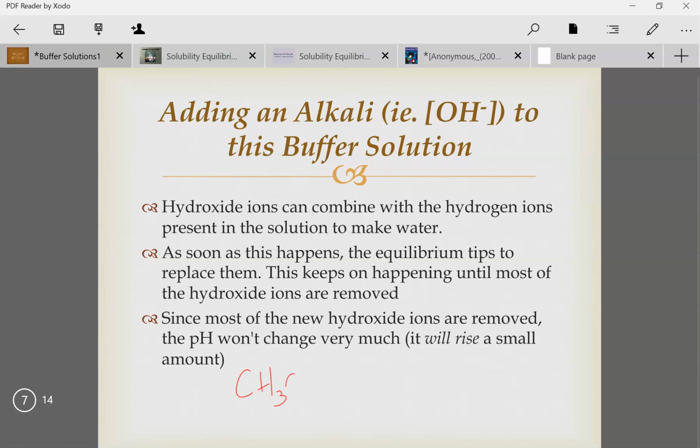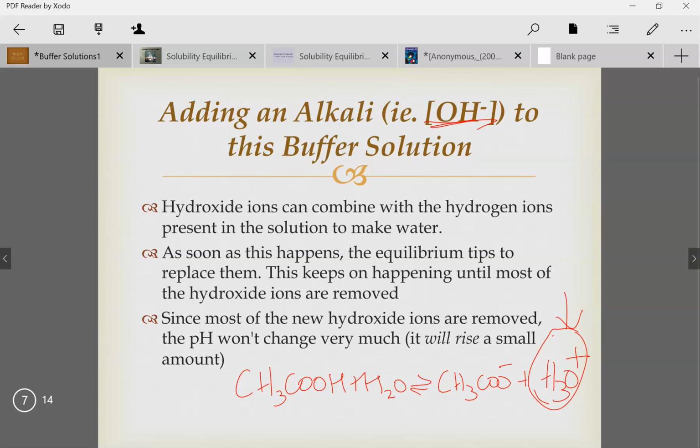So if we write our equilibrium expression again, let's see what happens when we add OH minus to the solution. If I add OH minus, they're going to combine with the H3O plus, so they're going to decrease my H3O plus, which means you're basically trying to make the solution more basic by adding OH minus.